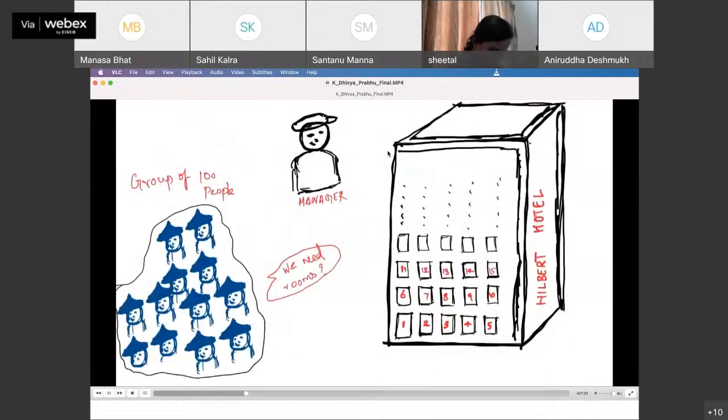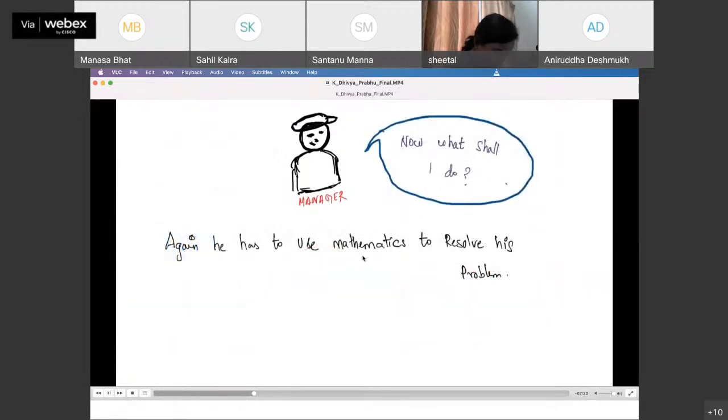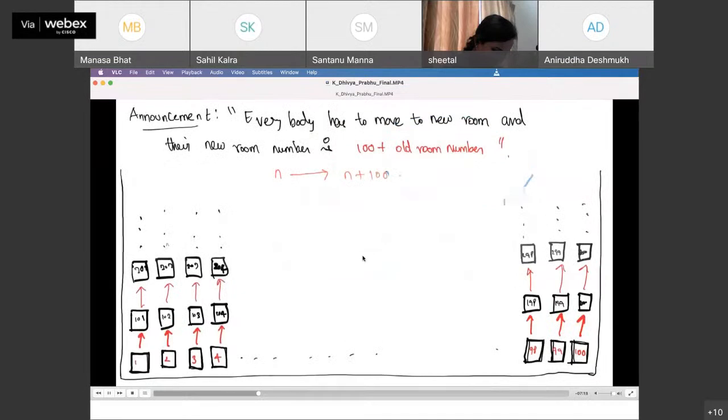On the second day he faces one more problem: a group of 100 people came. They all need rooms. Because of the same technical problem, he has to give them rooms. But what can he do? He thinks and again uses mathematics to resolve this problem. He makes an announcement that people living in the hotel have to change rooms, but now their new room numbers are allocated in this fashion: a person's new room number is 100 plus their old room number.